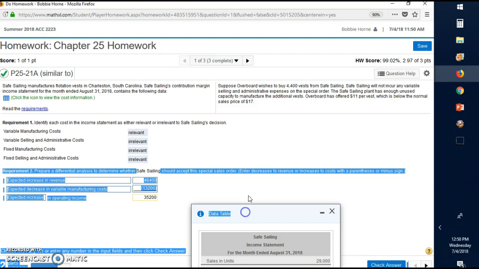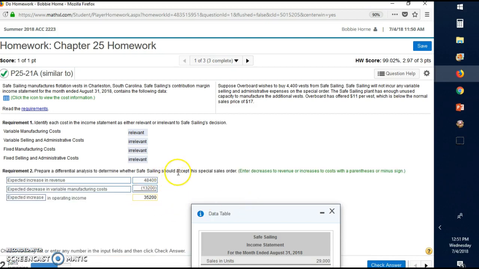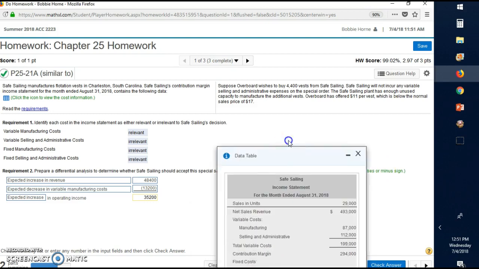Let's check and make sure that I entered all these in right. Prepare a differential analysis to determine whether Safe Sailing should accept this special sales order. Enter decreases to revenue or increases to cost with a parentheses or minus sign.